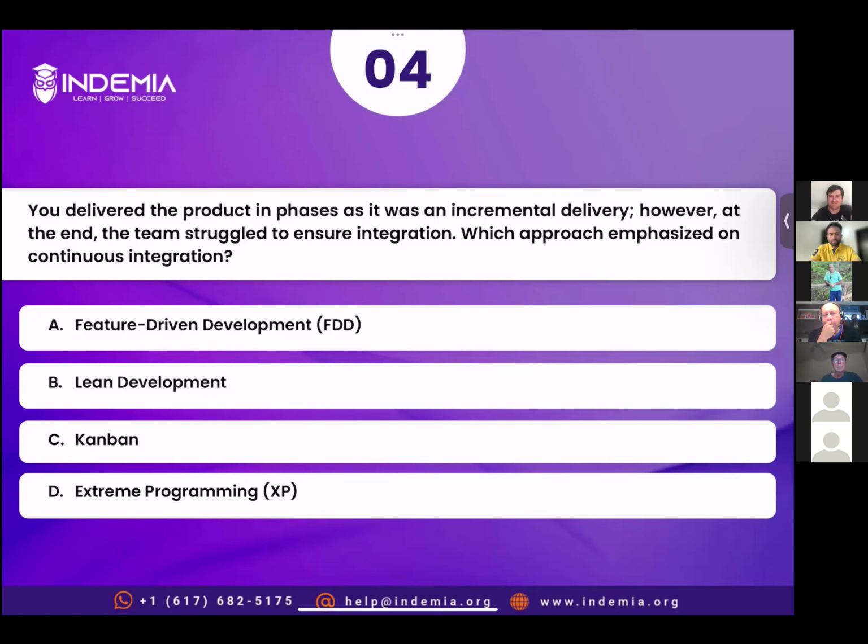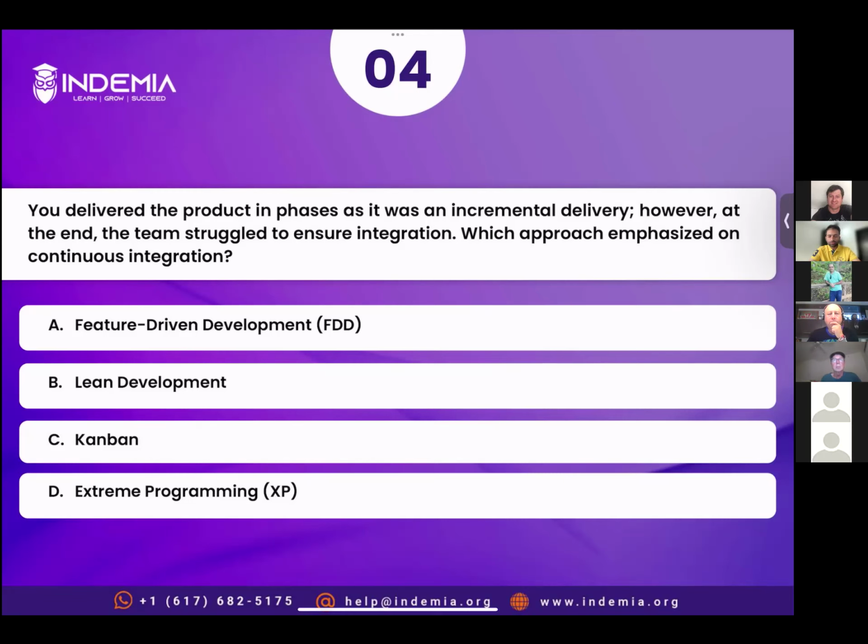All right, thank you. So let's read the question. It says you delivered the product in phases as it was an incremental delivery. However, at the end, the team struggles to ensure integration. So for example, we keep on delivering functionalities and then we integrate them together and we get a fully functional product at the end. Now, feature-driven development, FDD, is a delivery method where we deliver feature after feature.